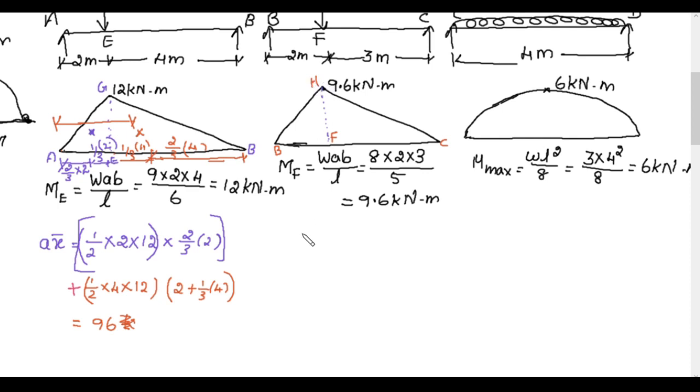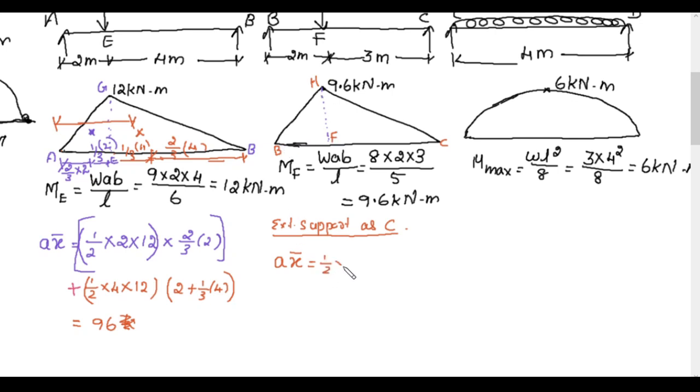First of all, we are considering the extreme support as C. So when we are considering the extreme support as C, our A into x bar is equal to, first consider the first triangle, that is BFH.